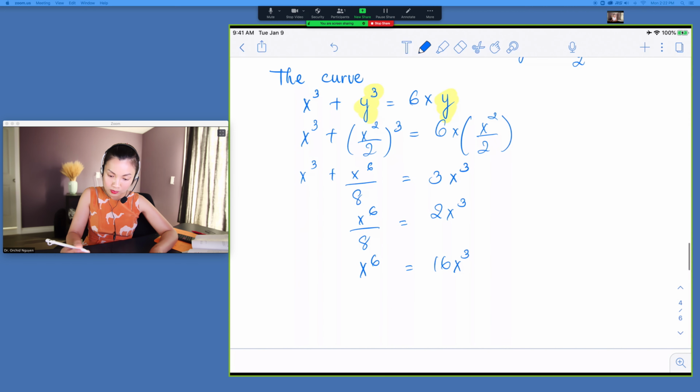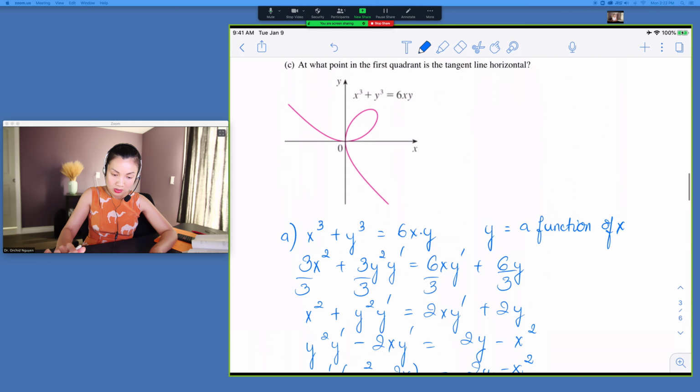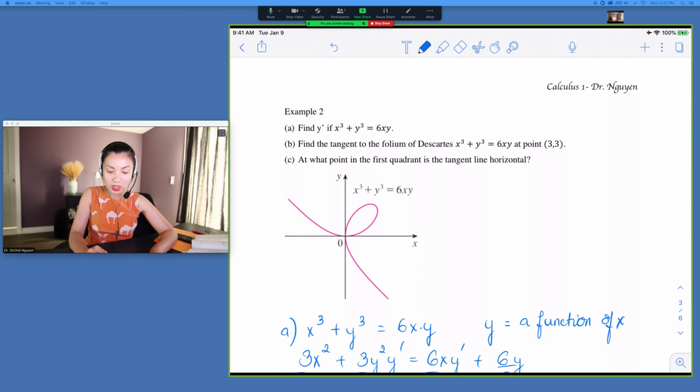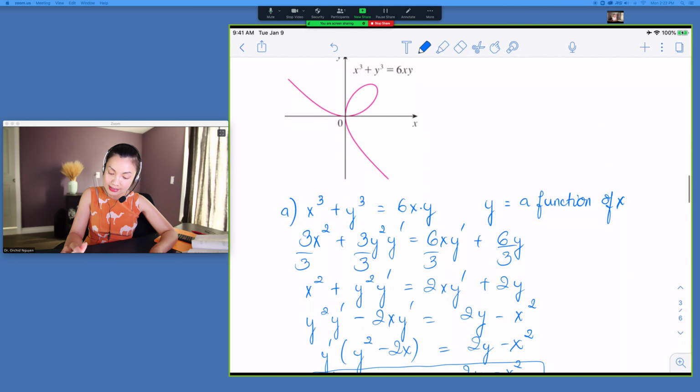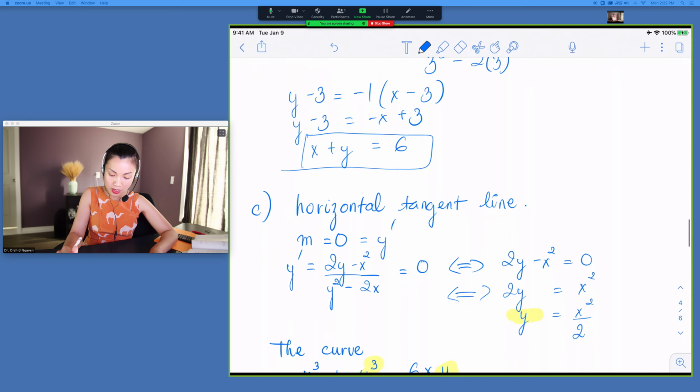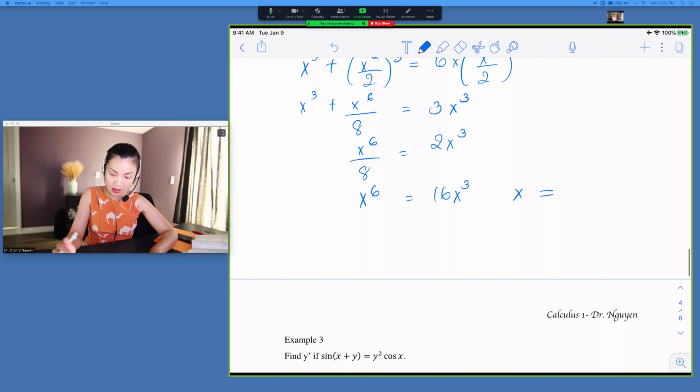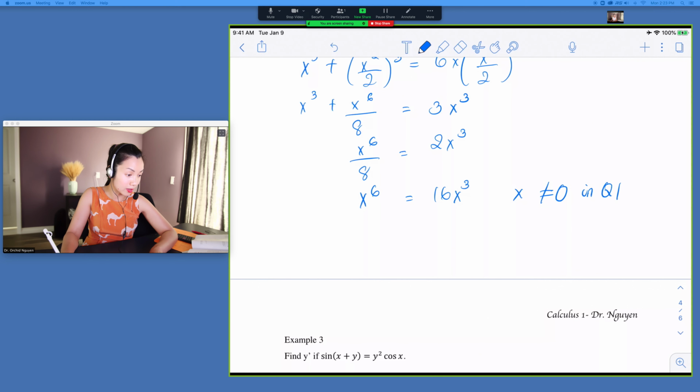Okay. Now, x right here. So let's go back here. At what point in the first quadrant is the tangent line horizontal? So x is not 0 in the first quadrant. So I have x is not 0 in Q1. Okay.